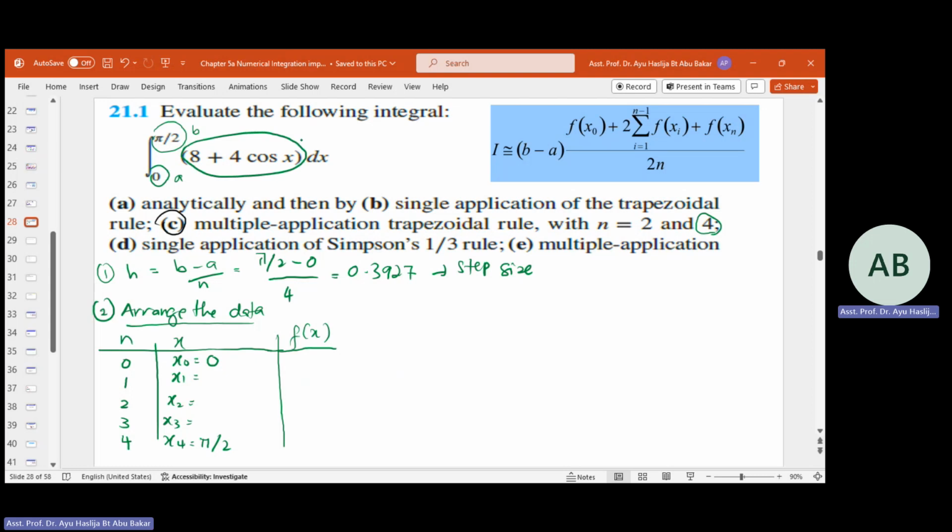Okay, using this function, x1 here, what is the value of x1?